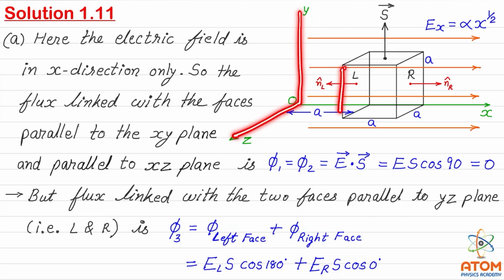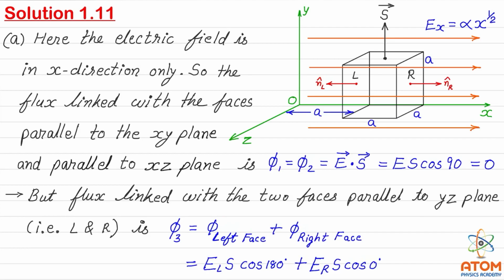That's why this face and this face are parallel to the YZ plane, which are known as the left and right faces. So, the total flux linked with these two faces is, let us say, phi 3, then phi 3 can be written as phi 3 is equal to phi left face plus phi right face.